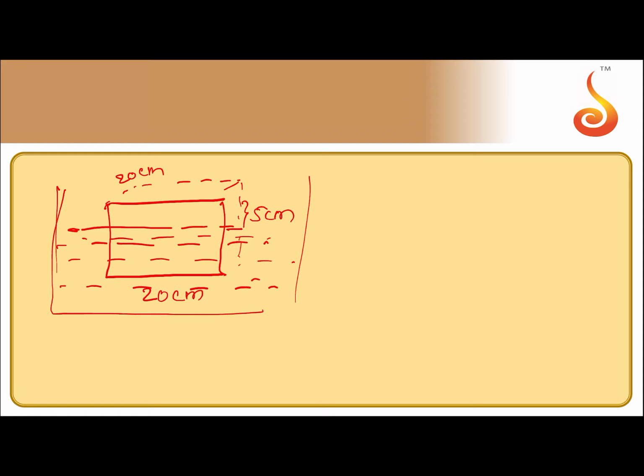Now, according to the laws of flotation, weight is equal to upthrust. What is the weight? The weight is nothing but volume into density of the solid into g. This is the weight of the liquid displaced, which is volume of the liquid displaced into density of the liquid into g. Right?